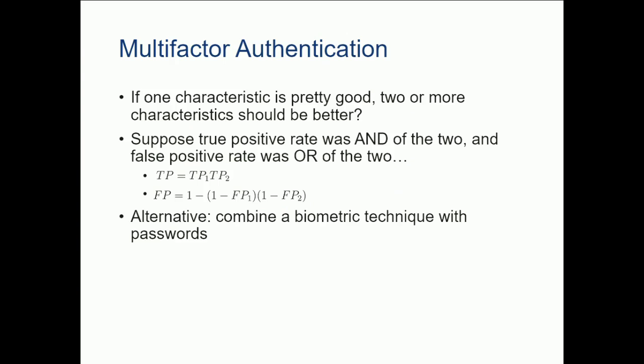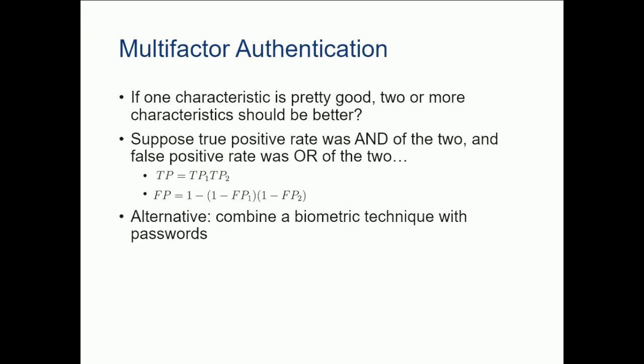There are two primary performance metrics to evaluate any authentication technique. The first one is called true positive. Here, true positive means that a legitimate user is granted access by the system after authentication.